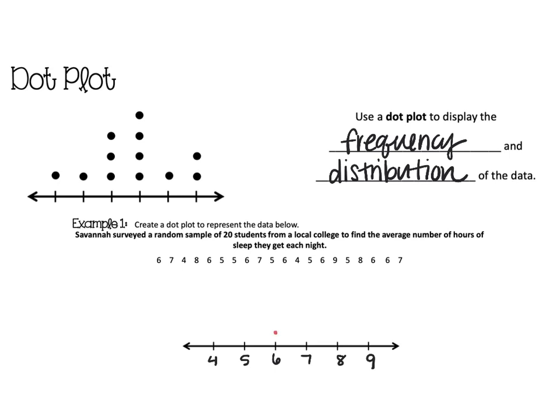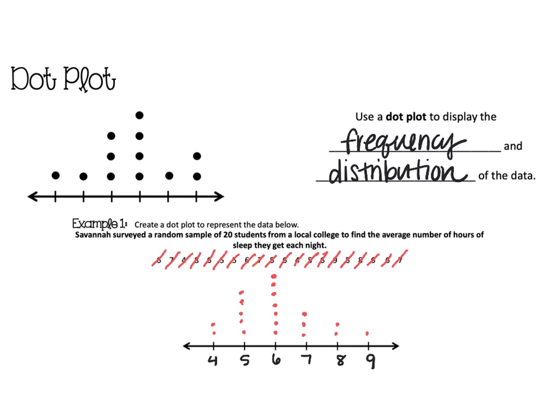So I have a 6, a 7, 4, 8, another 6, 5, another 5, another 6, a 7, another 5, another 6, 4, that is not a lot of sleep, 5, 6, 9, 5, 8, 6, 6, and 7.